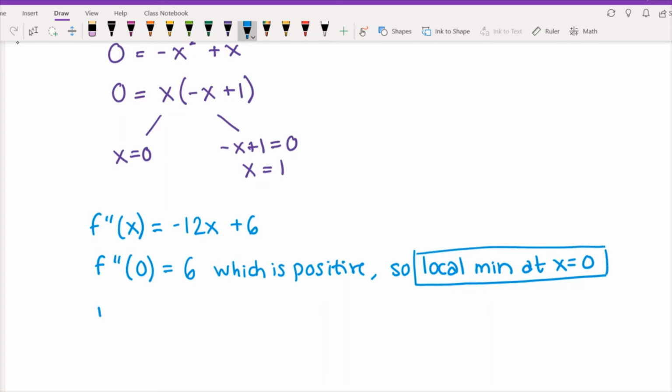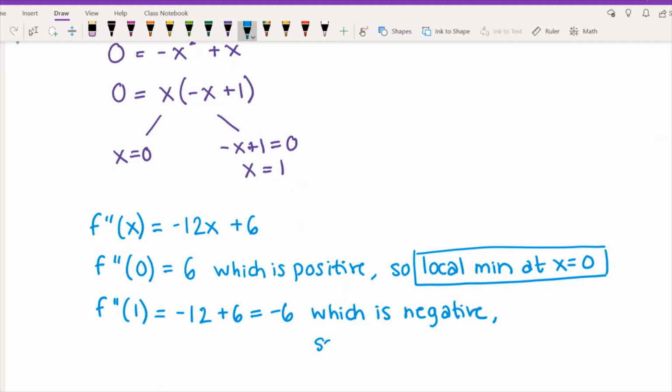And then if we plug in our other number 1 here, now we get negative 12 plus 6, which is negative 6, and that is negative. And so if the second derivative is negative, that tells us that the graph is concave down, and so that means we have a local max.